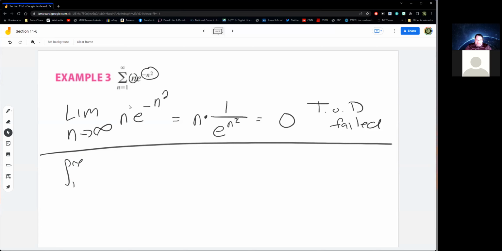So I'm going to have x e to the negative x squared. So I'm going to make u negative x squared. So du equals negative 2x dx. So I've got negative 1/2 du equals x dx.